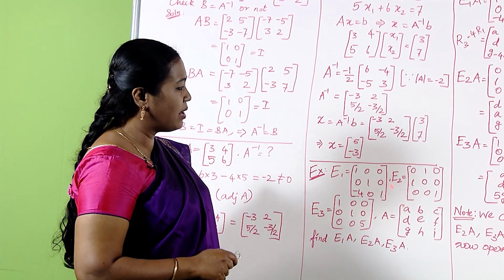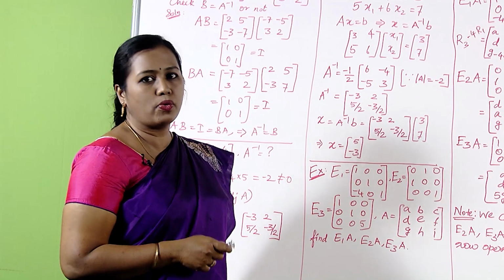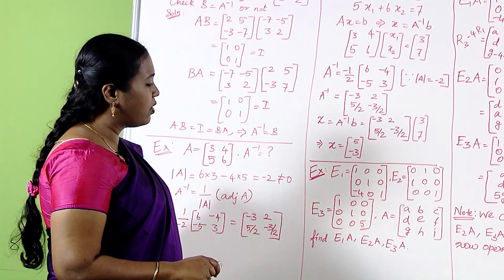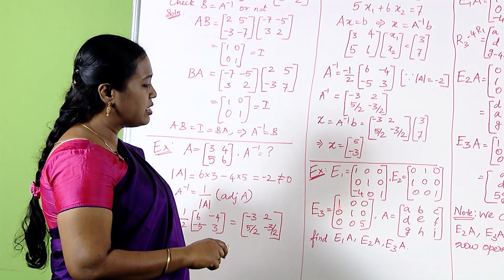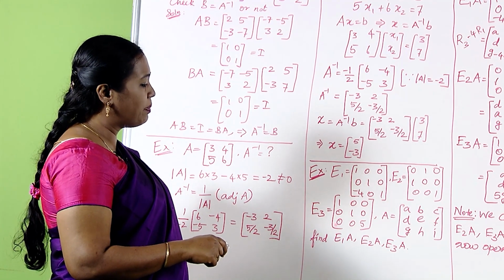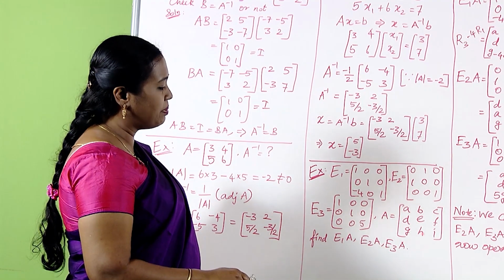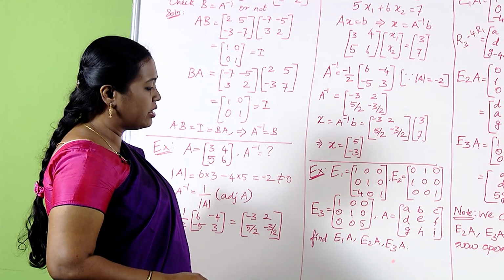Hence, this elementary matrix was got by merely interchanging the position of 2 rows, and the third elementary matrix E3 has been got by multiplying the last row by 5. So, 1 0 0, 0 1 0, 0 0 1, except the last row I have multiplied by 5. So, single row operation, and here A is another matrix. Now, they are asking you to find E1A, E2A, E3A.